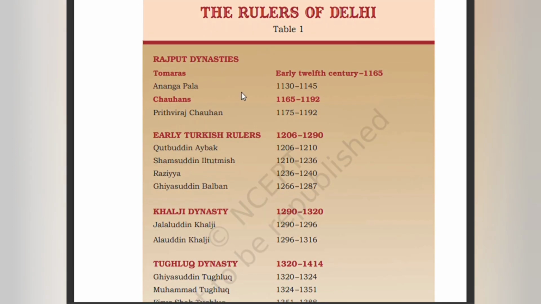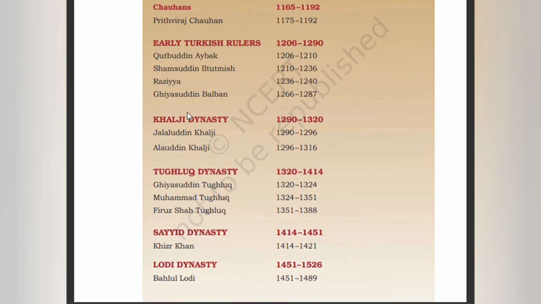Rulers of Delhi. Tomaras, early 12th century to 1165. Anangpal, 1130-1145. Chauhans, 1165-1192. Prithviraj Chauhan, 1175-1192. Early Turkish rulers, 1206-1290. Qutbuddin Aibak, 1206-1210. Shamsuddin Iltutmish, 1210-1236. Razia, 1236-1240. Ghiyasuddin Balban, 1266-1287. Khalji Dynasty, 1290-1320.